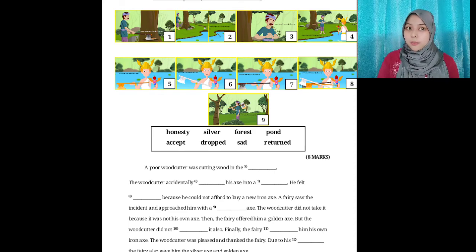So it's quite simple for the students. The total of questions that I have prepared is 12 questions, and it requires a total of 12 marks.